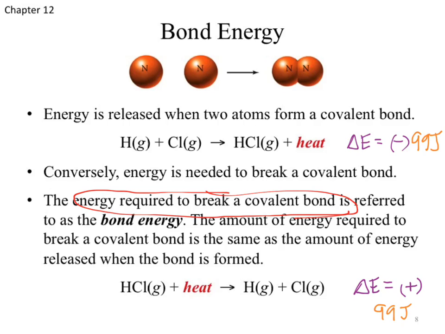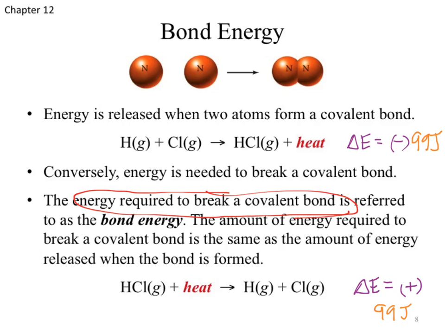I don't think we're going to trick you too much with the phrasing of some of these problems. I don't think I saw anything weird, at least in the homework. When you move into further classes, you're going to have to be very careful that you know exactly what that definition is. If I tell you that the bond energy for HCl is 99 joules, but then the question on the exam is how much energy does it take to make the bond, what's your answer?